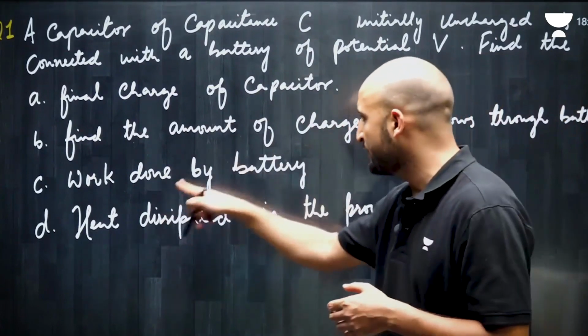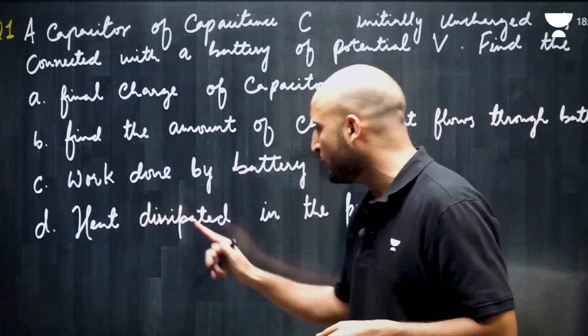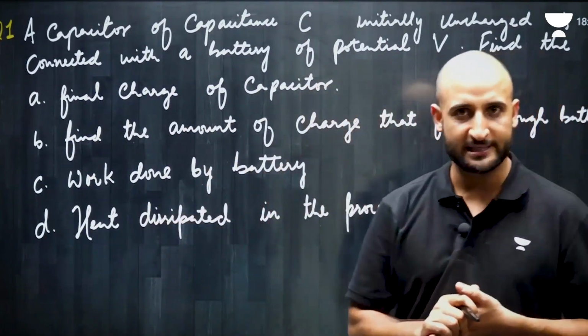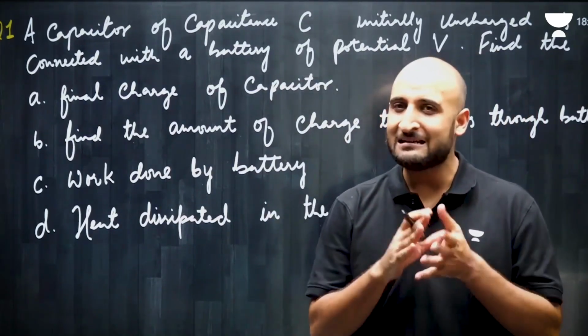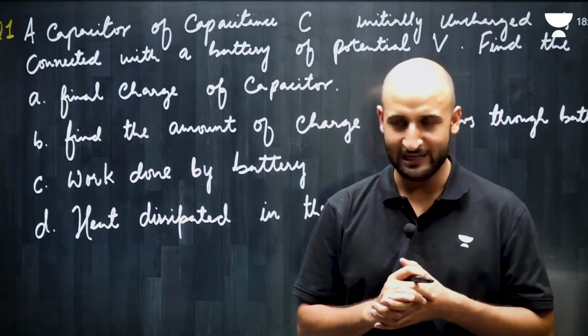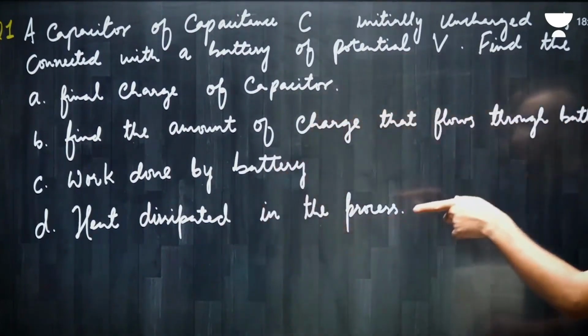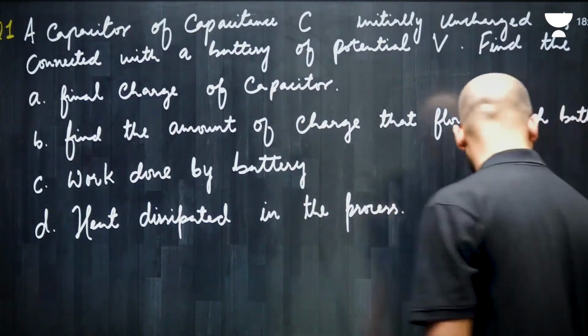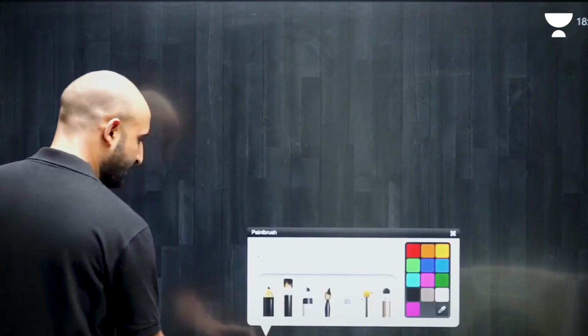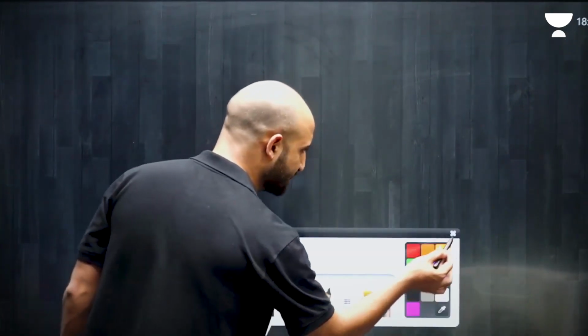Number 3, work done by the battery. And number 4, heat dissipated in the process. Once we solve this problem, you will understand many other things. Let's begin the problem. If you want to take a screenshot of this question, you can take it here. I am sure that you have understood the question. We have a capacitor here.